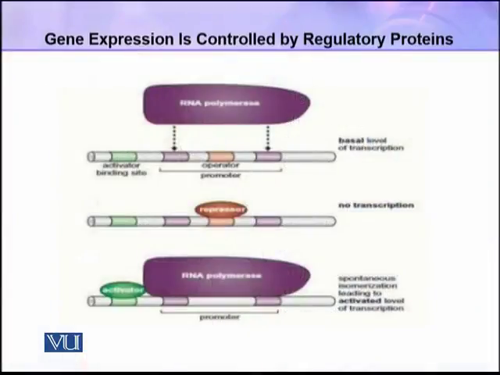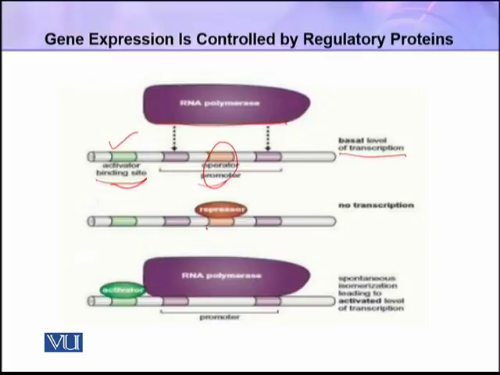So here you can see this is the activator binding site, this is the operator region, and this is the enzyme. So if no activator is attached, the transcription will take place at the basal level, that is the constitutive expression.